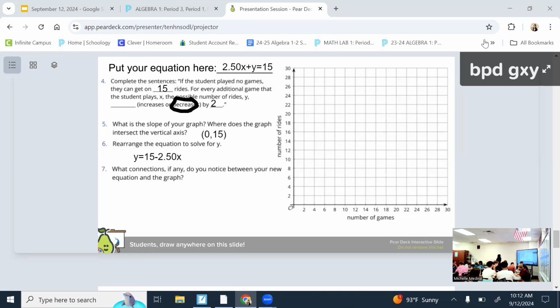So for the equation 250x plus y equals 15, we already figured out part of this answer before. If they played no game, so when x was 0, we found out that they can get on 15 rides. This part is new, and if you struggled with this one, what you could have tried was, well, if they played no games, what would be an additional game after that?